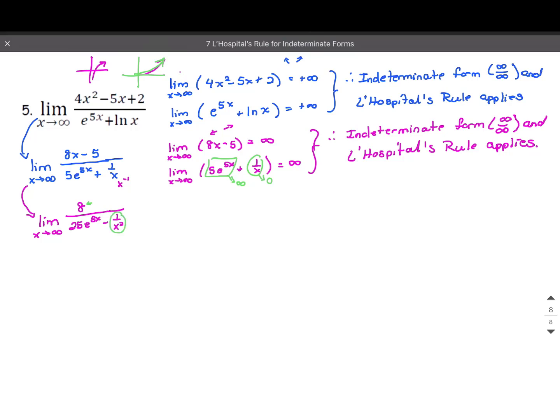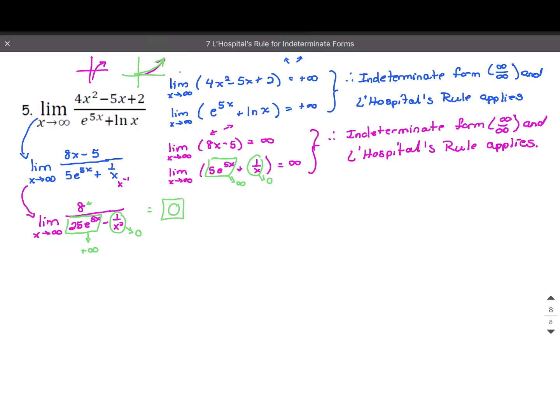This piece, as x gets huge, is going to head to 0. But this piece, again, is going to get huge and head to infinity. But this is in the bottom of the fraction. If the bottom of the fraction gets bigger faster than the top, 8 over 10, 8 over 100, 8 over 1,000, 8 over 10,000, this whole thing is getting smaller and smaller and headed towards 0.